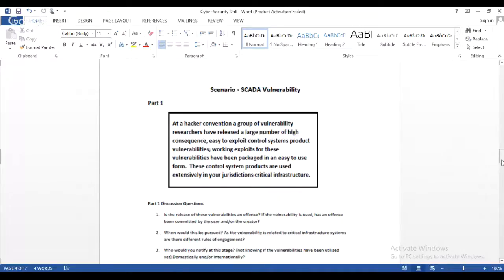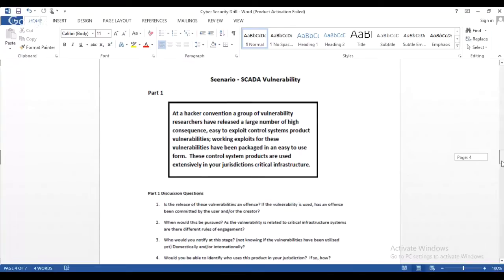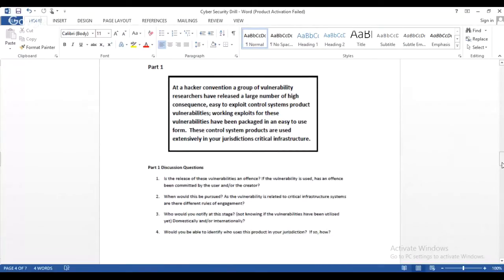So, first question, Walid. Yes, Ishan. According to that scenario, the first question is whether the release of this vulnerability is an offense, or whether the offense is committed by the user and/or the creator.